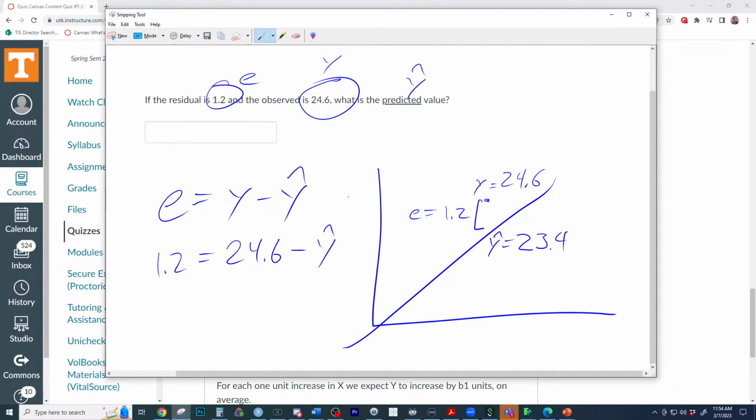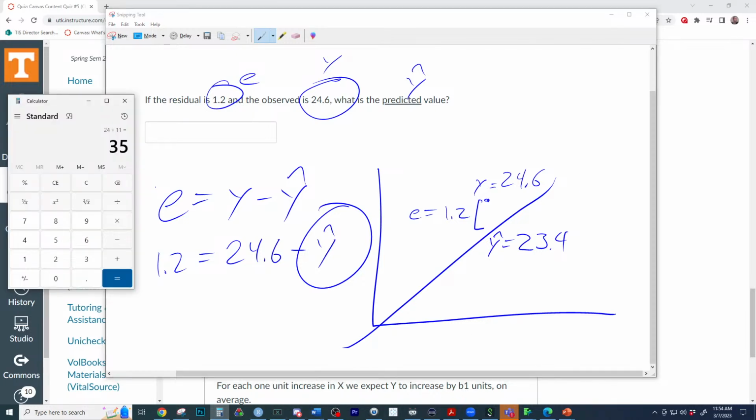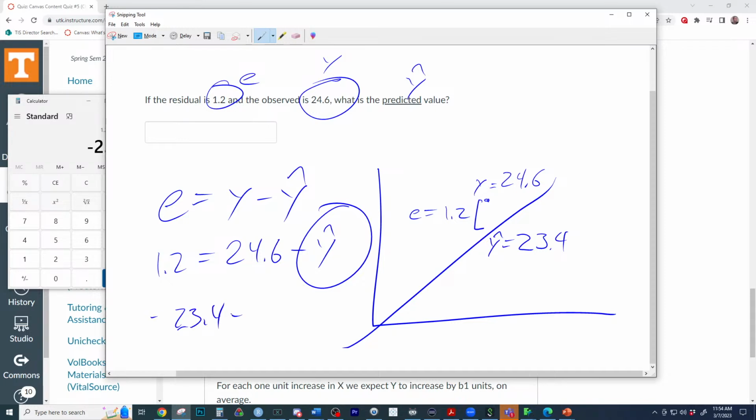And simply algebraing this out will find you the value, because you can subtract from both sides. You can take 1.2 minus 24.6, and that is what minus y hat is equal to. So minus 23.4 is equal to minus y hat, meaning that 23.4 is equal to y hat.